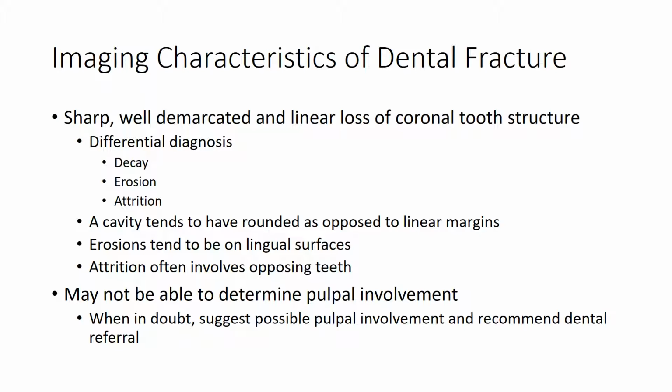It could be either substances that are consumed or frequent vomiting. And attrition is caused by mechanical destruction of tooth structure, either from grinding teeth or chewing on pens. So a cavity tends to have more rounded as opposed to linear margins, and you will likely see the underlying demineralization as well.